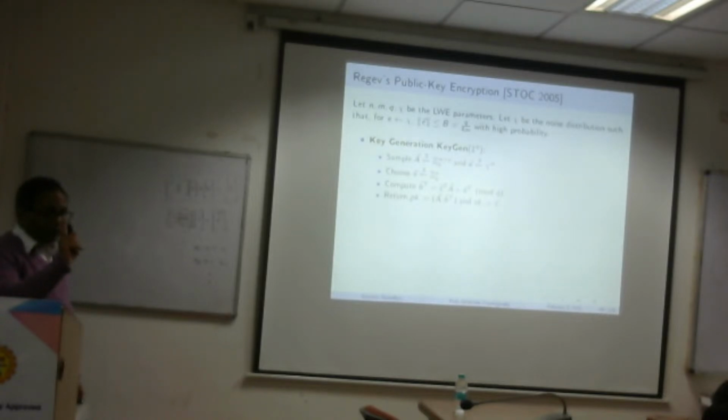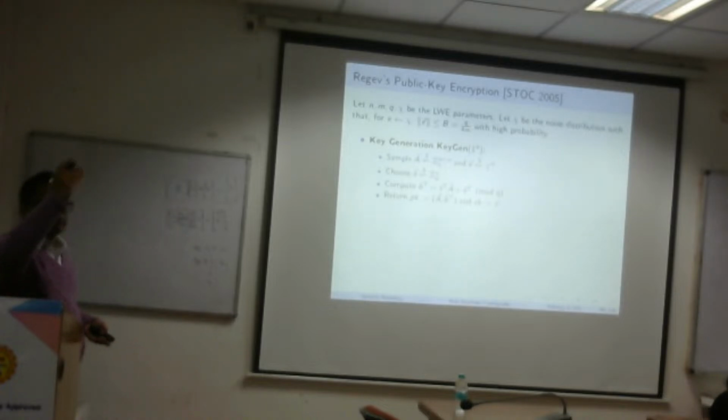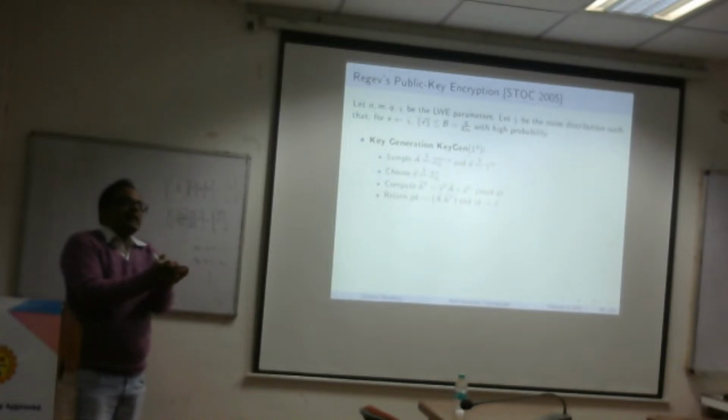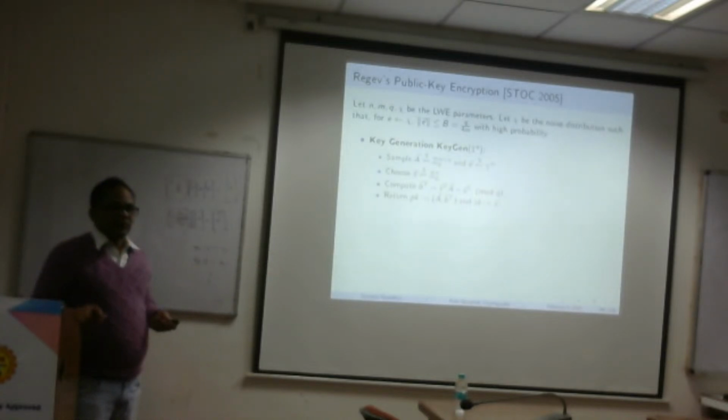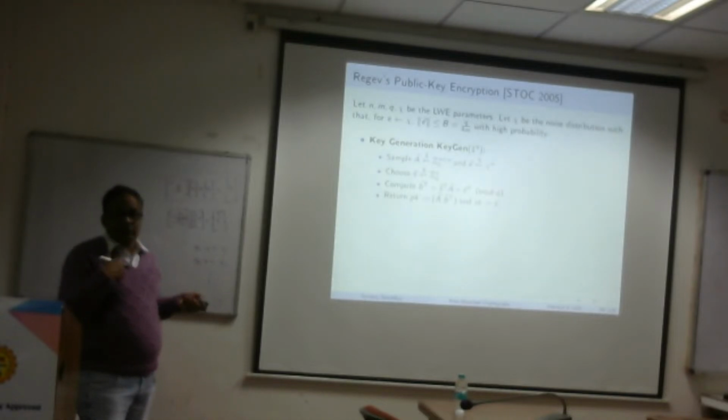It is not randomly computed but looks like randomly computed. People cannot distinguish it from a uniformly random vector B. So what you are giving as public parameters is a random-looking value. What is the real thing from where you computed B? That is S, that you are hiding to yourself.